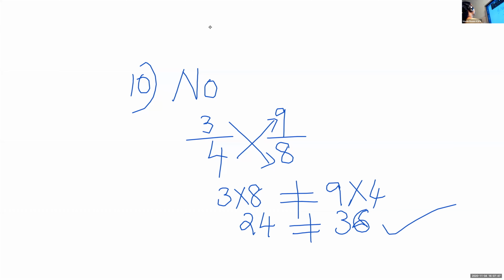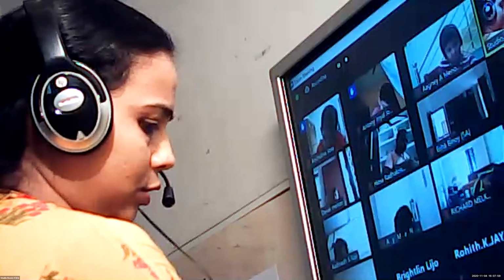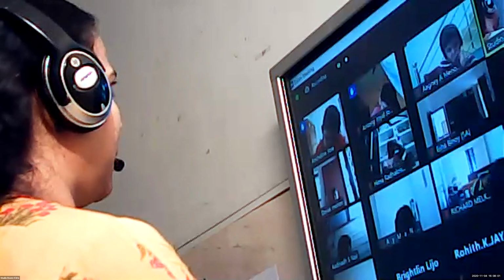Question number 10, in the same line straight you can write. So the answer is no. In the mind you can multiply. 24 is not equal to 36.